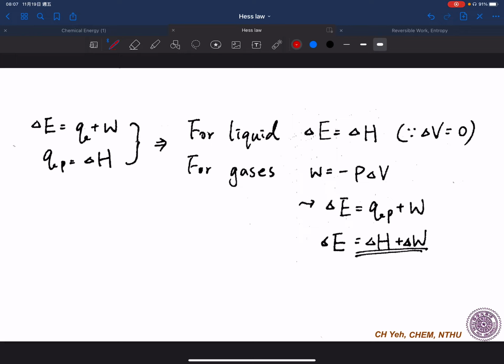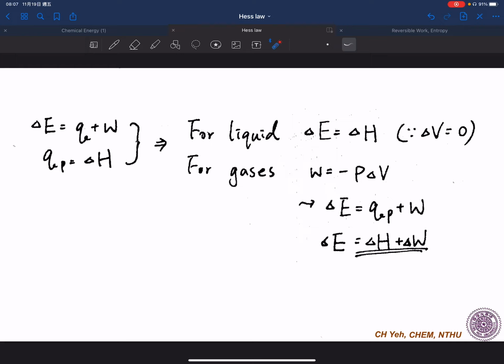Now let's go to the next part. When it comes to energy change, like enthalpy change or internal energy change, what we care about is the relationship with the temperature change. Is that clear? From the previous part, we talked about Q, W, E, and enthalpy, and we know that for an ideal gas it is only related to temperature change.